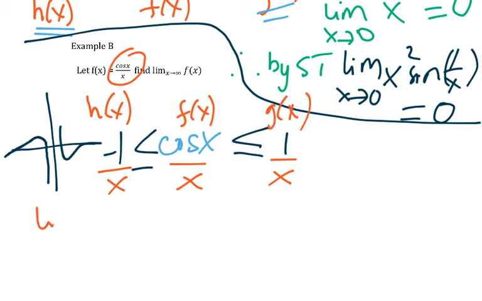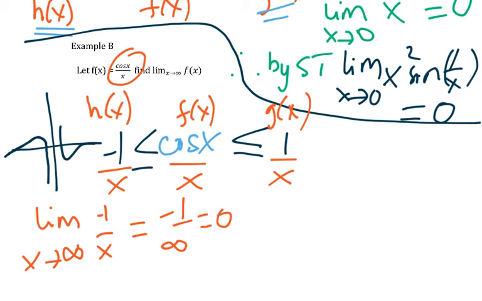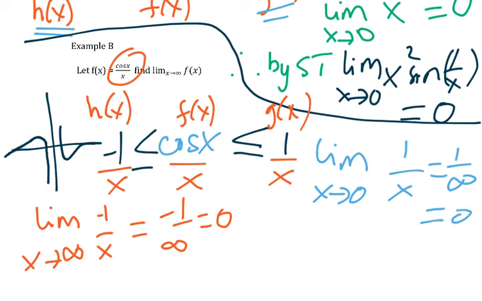We find the limit as x approaches infinity of negative 1 over x, which is negative 1 over infinity, which we know is 0. The limit as x approaches infinity of 1 over x, which is g of x, is also 1 over infinity, which is 0.